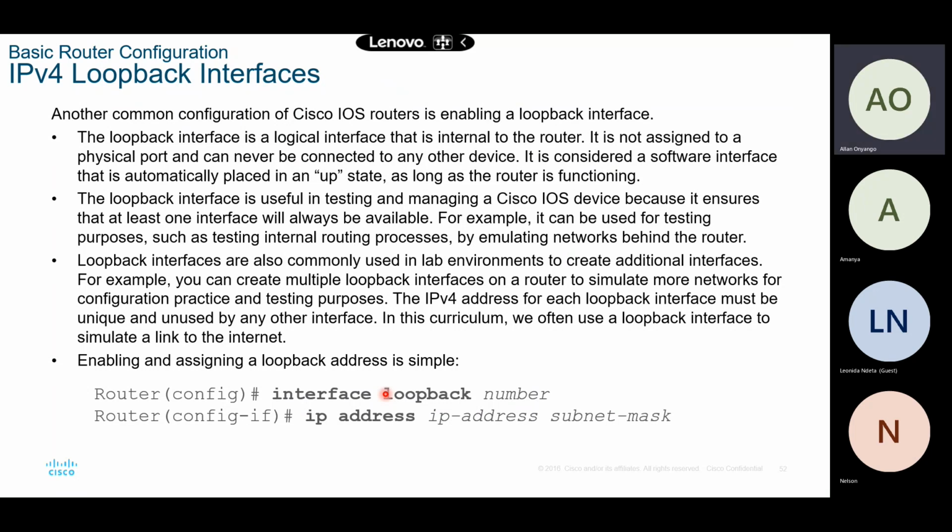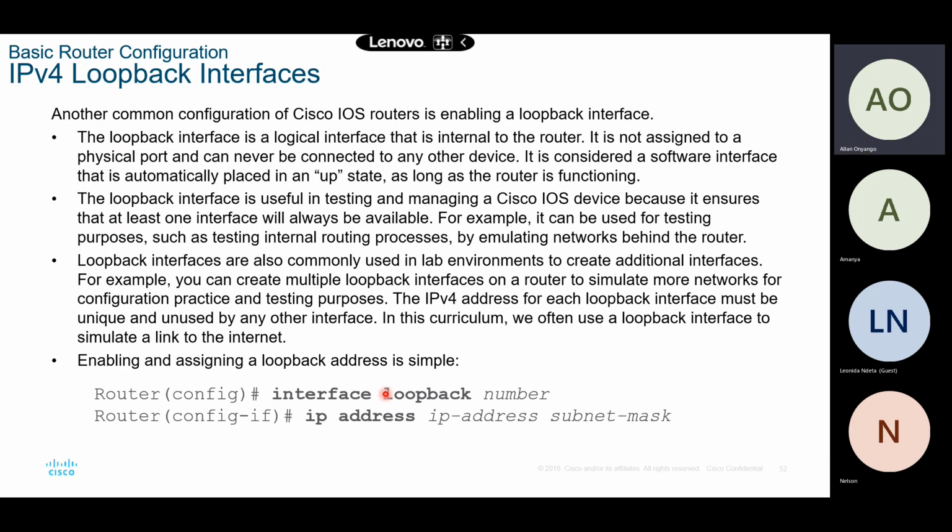Just like we have virtual interfaces in a switch, the VLAN interface, routers also have virtual interfaces. And one of those virtual interfaces is called a loopback interface. A loopback interface is a virtual interface created within the router.